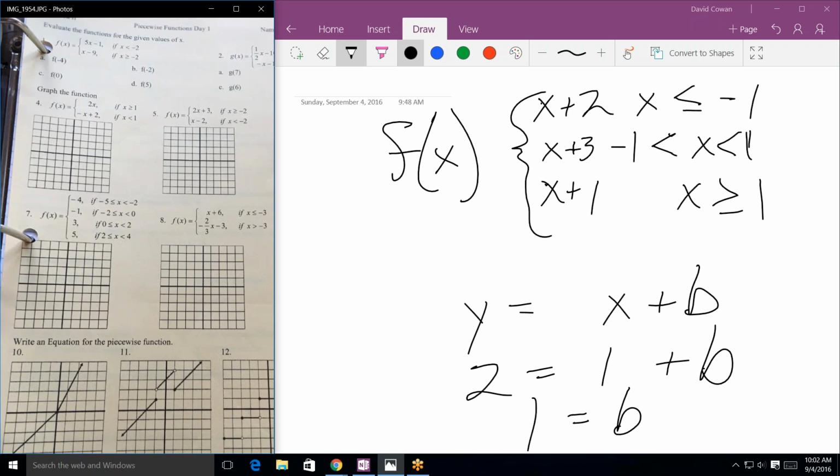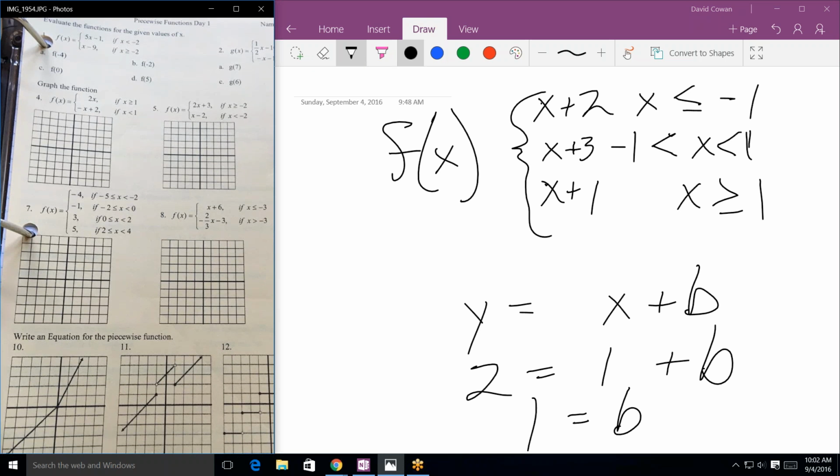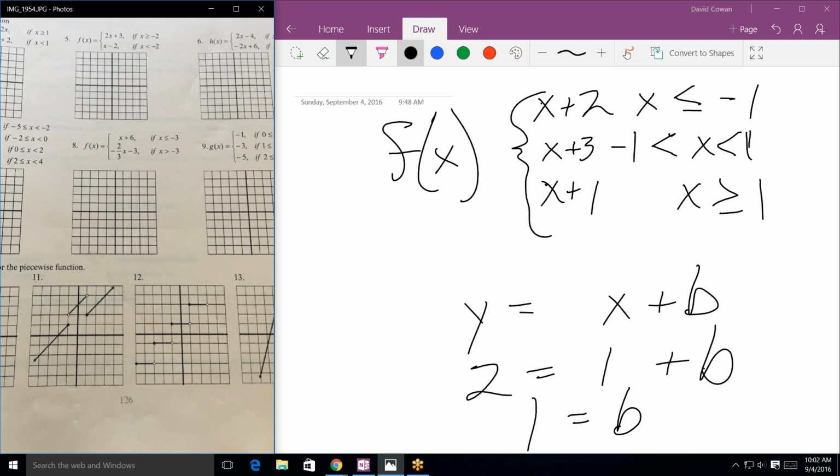Remember up here on 7 when I said all this is 4 horizontal lines? That's what this is: 1, 2, 3, 4 horizontal lines. So we have a horizontal line going from -5 to -3. That would be y equals -3.